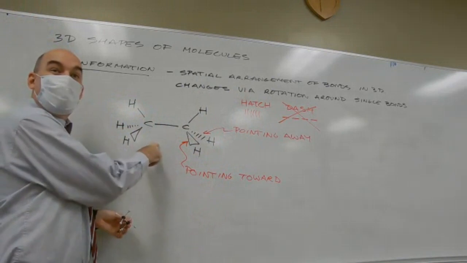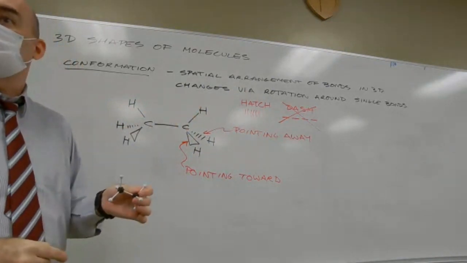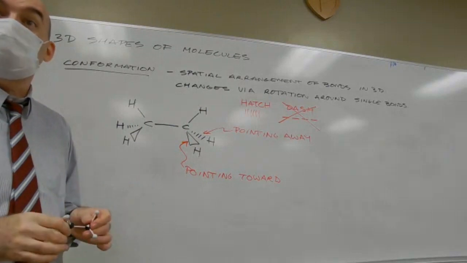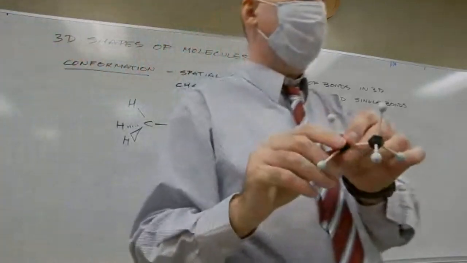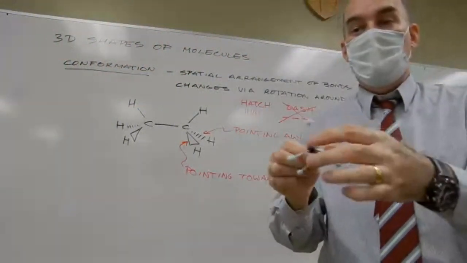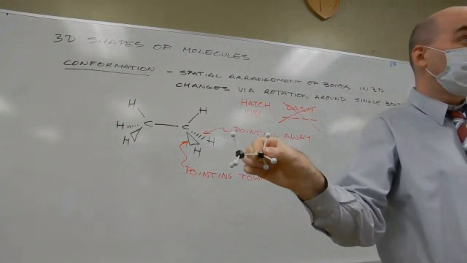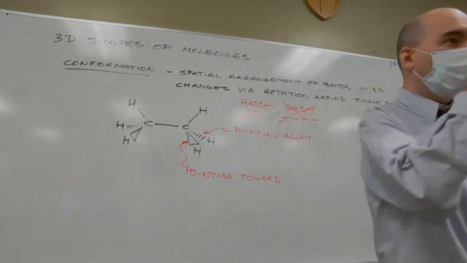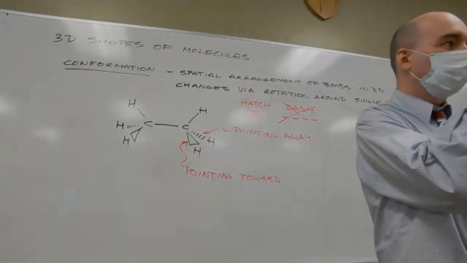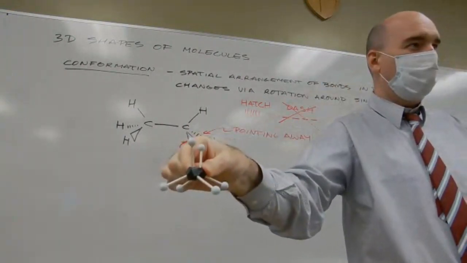This representation is better than my previous representation, but it's still not complete. There is another way of showing this that shows the detail better. Instead of looking at the molecule this way, side on, we're going to look at the molecule that way, head on.